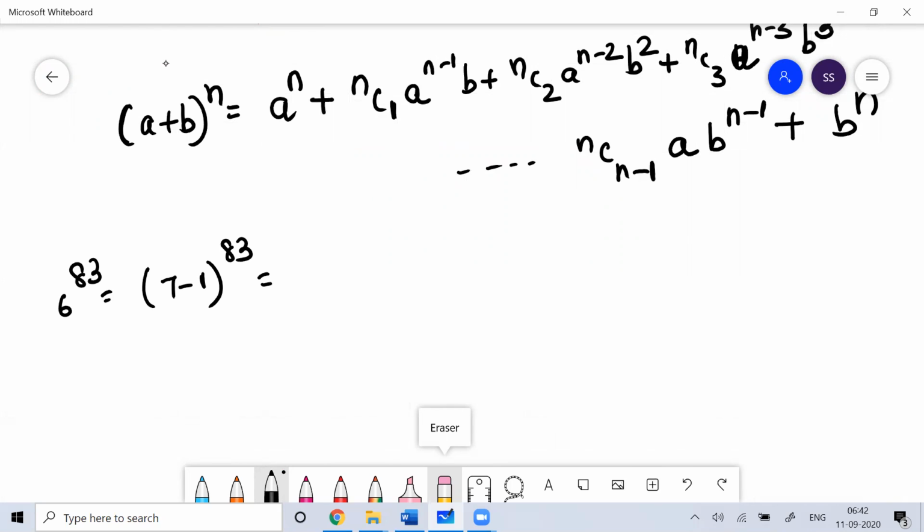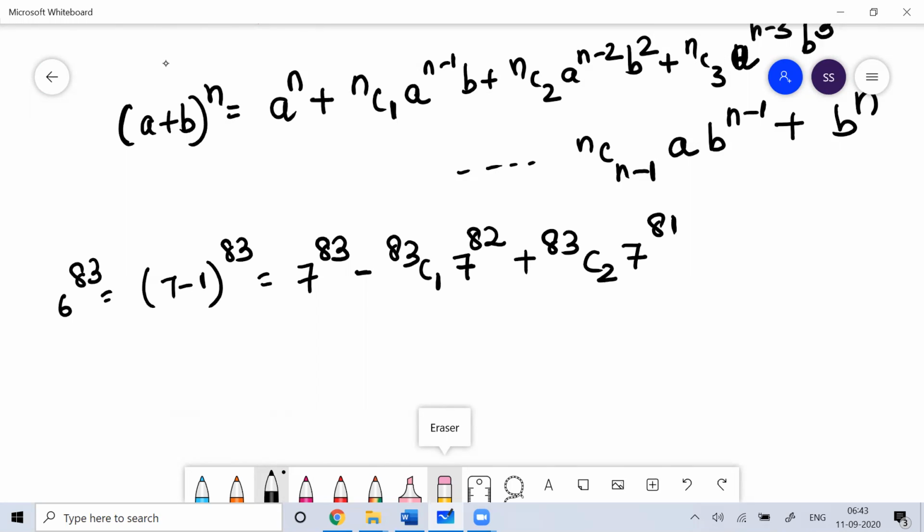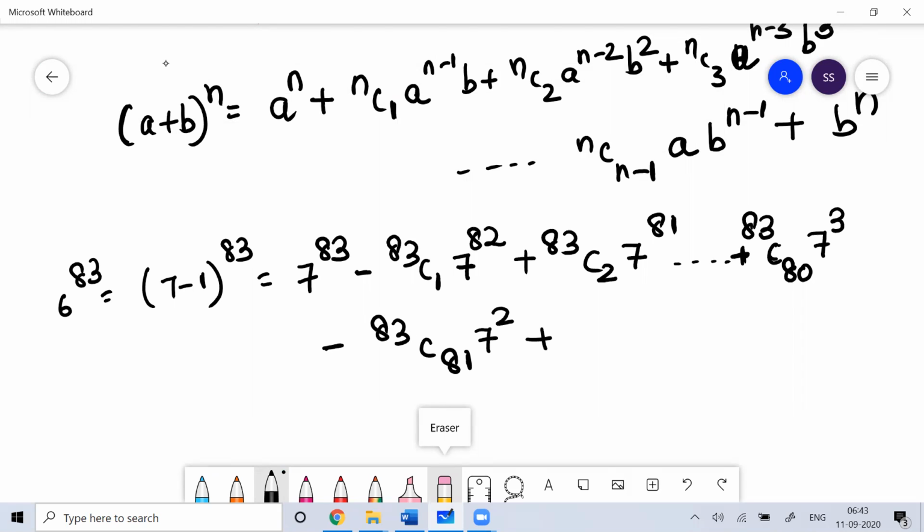This I can write as 7 to the power 83 minus 83C1 into 7 to the power 82 plus 83C2 into 7 to the power 81, and like this, plus 83C80 into 7 to the power 3, minus 83C81 into 7 squared, then plus 83C82 into 7 to the power 1, then minus 1. So this is the expression.